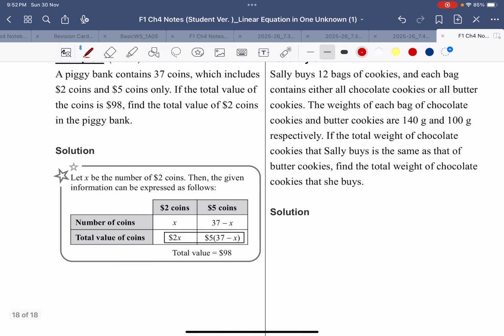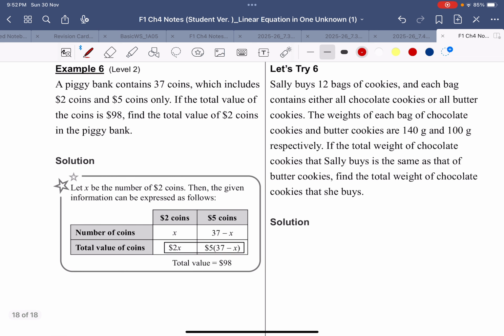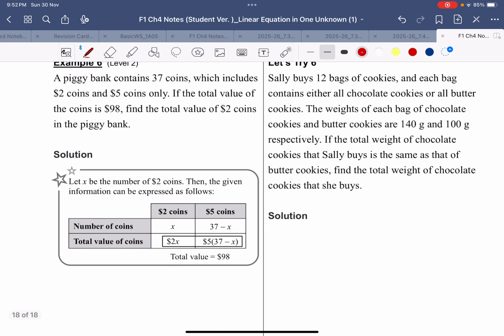Okay, next question. This question involves two things that are complementary. So you have 37 coins. Some of them are $2 coins, some of them are $5 coins.